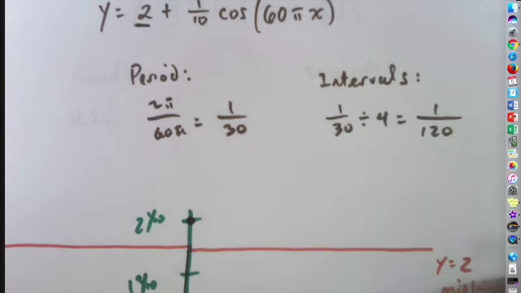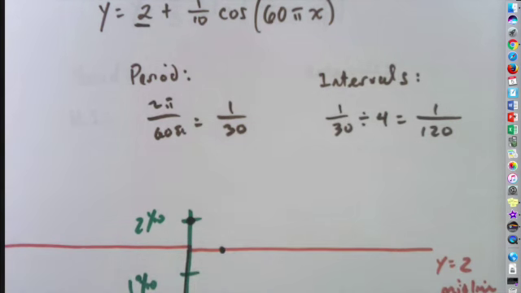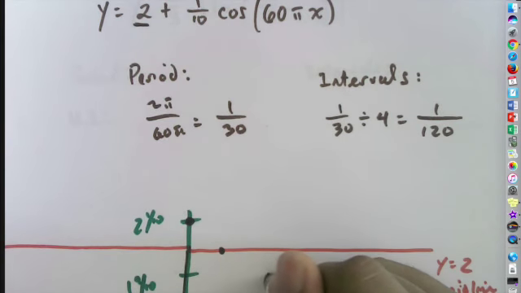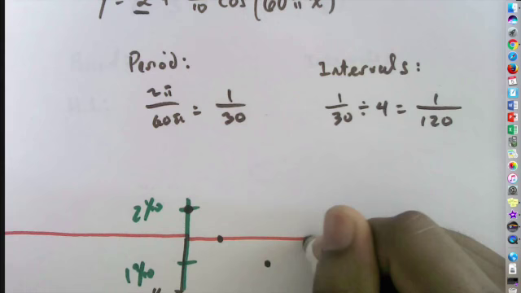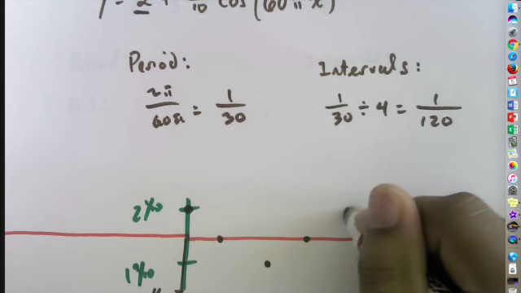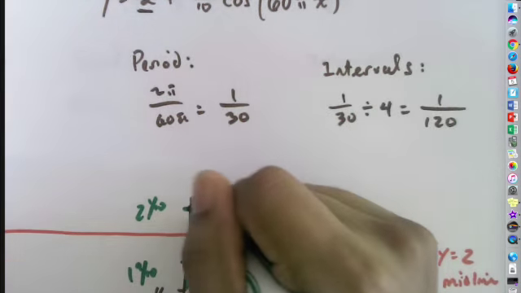At 1/120th, the y value will be 2. At 1/60th, the y value will be 1 and 9/10. And then we will go back the other way and end at 2 and 1/10 for 1/30th. Graphing this, we do get this curve.